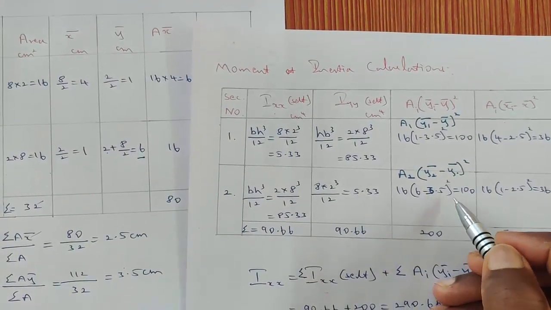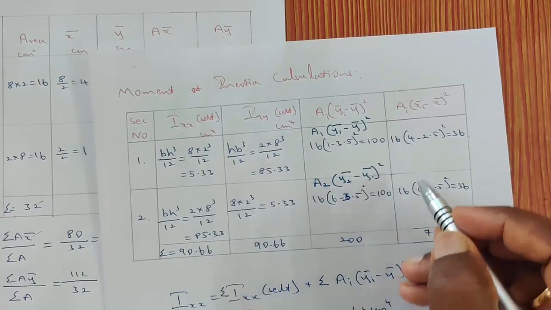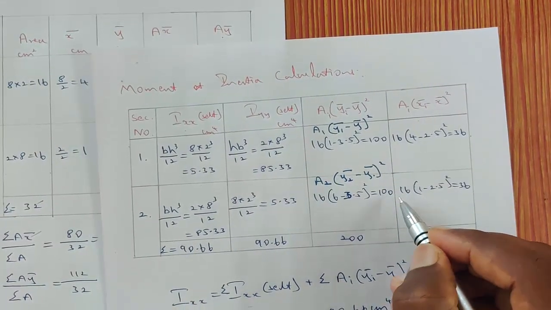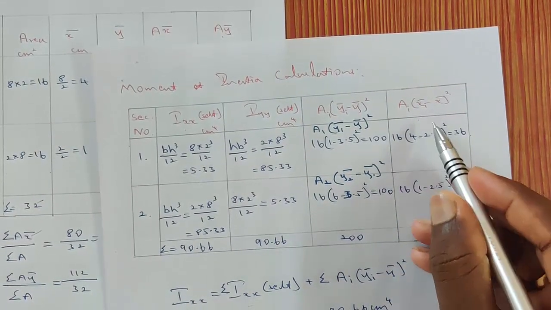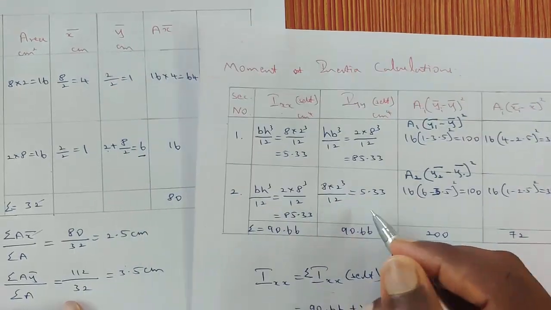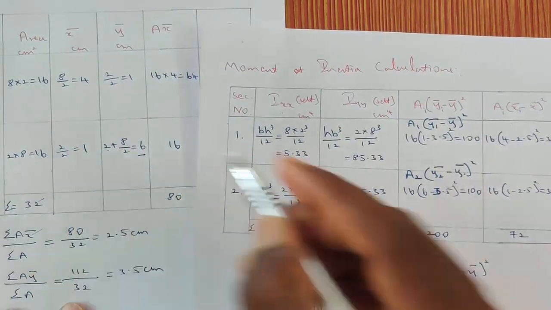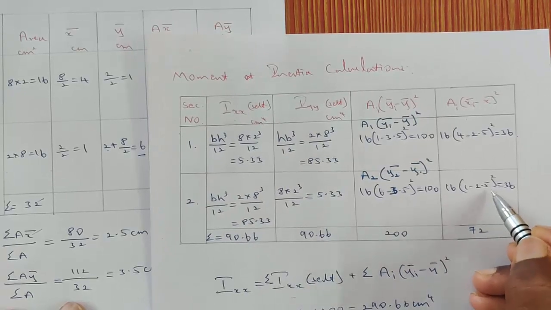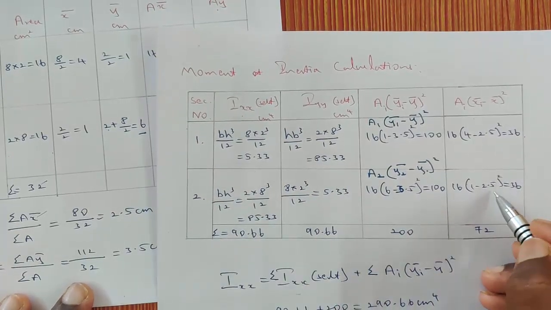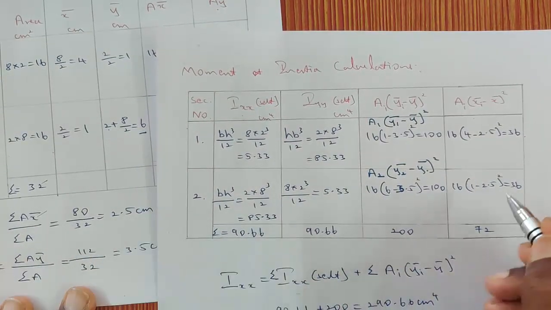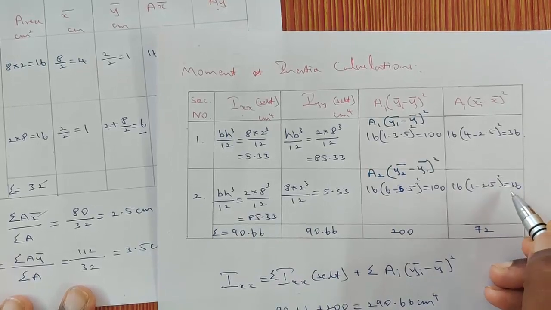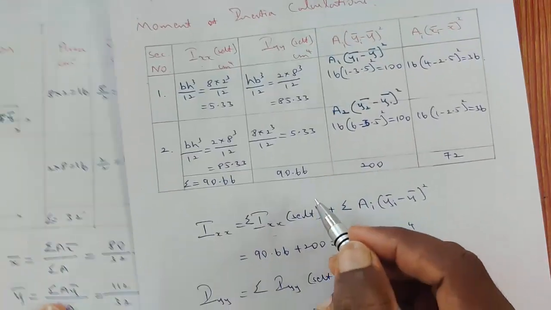So put 3.5 the whole square, that is equal to 100. Then A2 is again 16, and X2 bar is 1. So it's 1 minus 2.5 the whole square, where 2.5 is the x bar value. That is equal to 36.